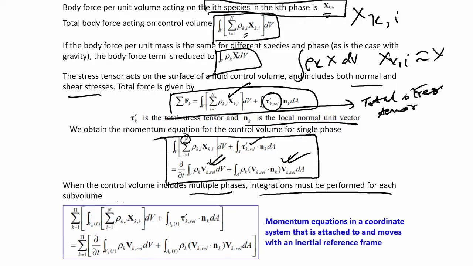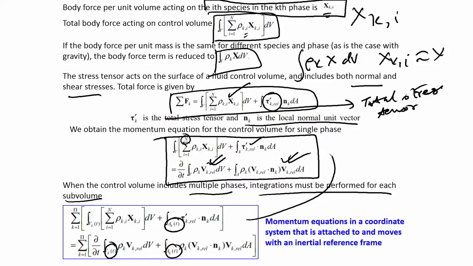So, when the control volume has multiple phases, integrations must be performed for each sub-volume. Once again we have the same thing: these areas and these volumes come into the picture. The total force is summed across all the phases, and that is the final expression that we get.